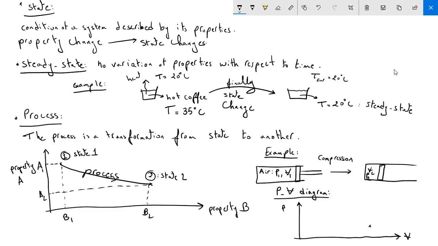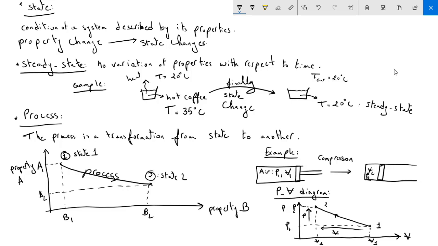Initially the volume was high, so this is V1, and the pressure was low, P1, and the compression process has increased the pressure to P2 while decreasing the volume. So we have a smaller volume V2 and a higher pressure P2.